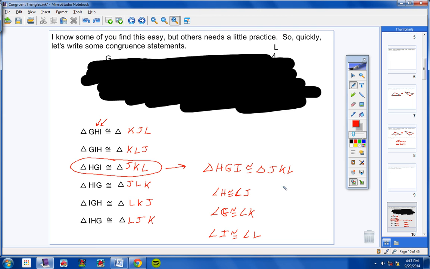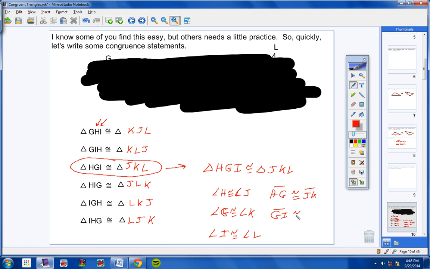And look at this. It gets even better. Watch this. See your first 2 letters here, HG. See your first 2 letters over here, JK. Those 2 segments are congruent. So you know side HG is congruent to side JK, without even looking at the picture, because your first 2 letters here and your first 2 letters here correspond. Look at your last 2 letters.